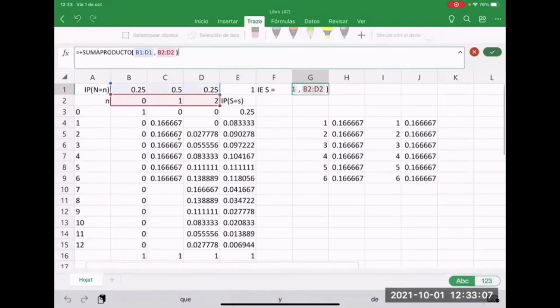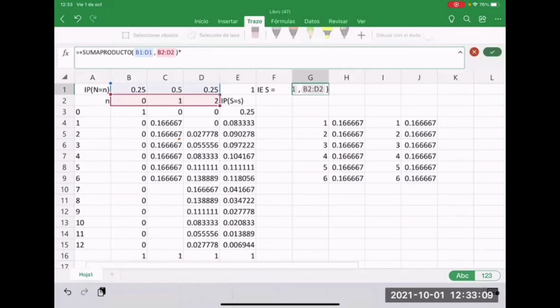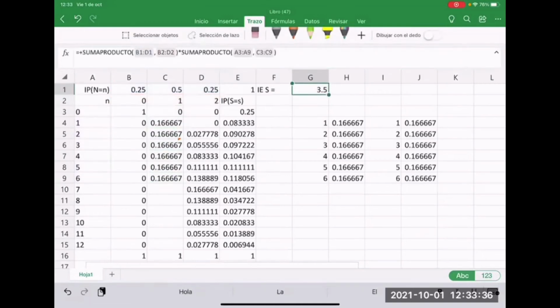And we need to multiply that with some product of this from 0 to 6 and this from 0 to 6. So what we get from this multiplication is just the expectation of n times the expectation of x. And we get, in that fashion, 3.5.